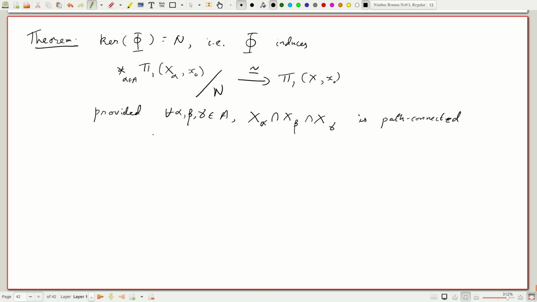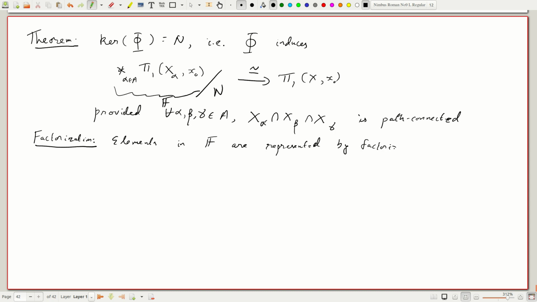Okay, so our proof closely follows Hatcher, and let's just look at the first step here, which is some terminology, the factorization, as Hatcher calls it. So any element in this free group, let's give it a name, blackboard bold F, because we're going to write it too many times. Elements in F are represented by factorizations.